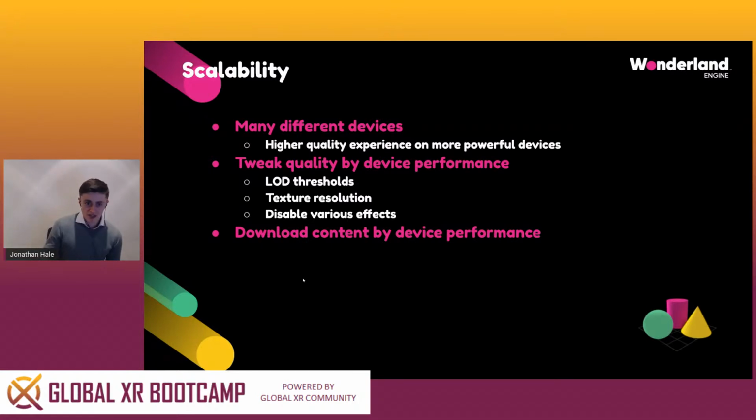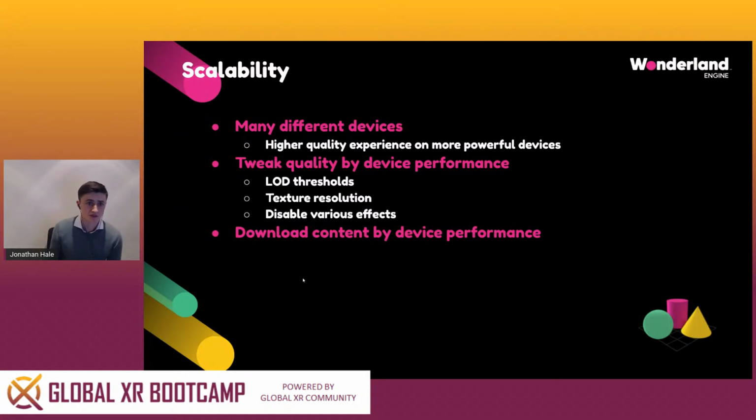on the web. Because it's so nice and portable, there will be many different devices accessing your content. And you will likely want to be able to provide a higher quality experience to the more powerful devices, while also tuning down the experience a bit for low-end mobile devices or similar.